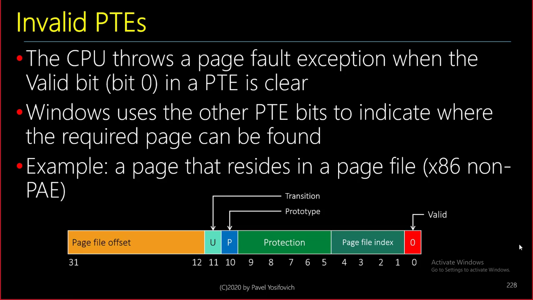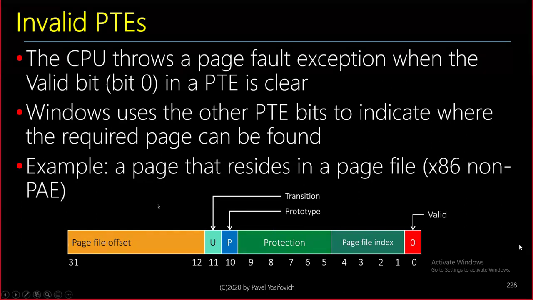Another thing that relates to that is the fact that Windows actually supports 16 page files. And so if I have an offset to the page file, there's not really the page file, there's a page file. And so we need to say, okay, in which file do you mean? Here we can see there are 4 bits that are used as an index to the page file in question.